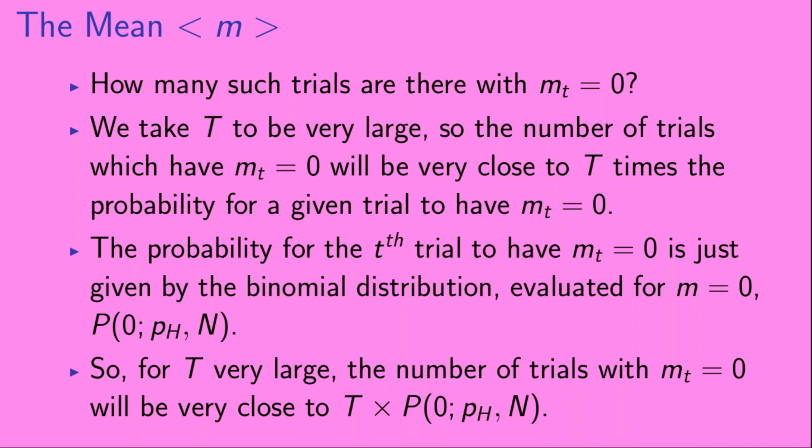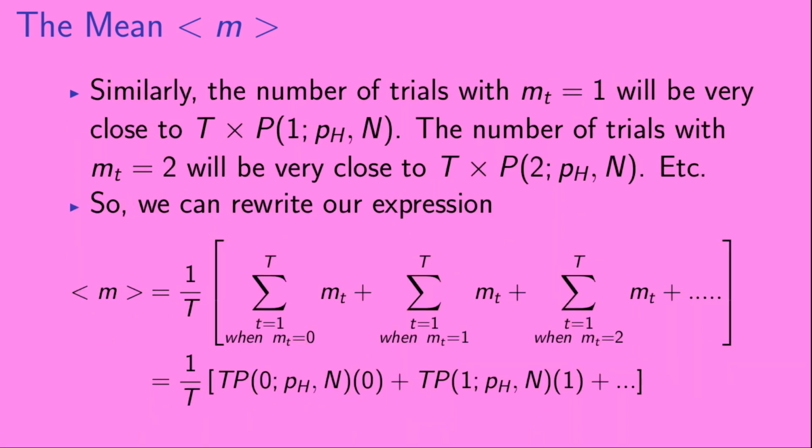So for t very large, the number of trials with mt equal to 0 will be very close to t times p of 0 given ph and n. Similarly, the number of trials with mt equal to 1 will be very close to t times p of 1 given ph and n.